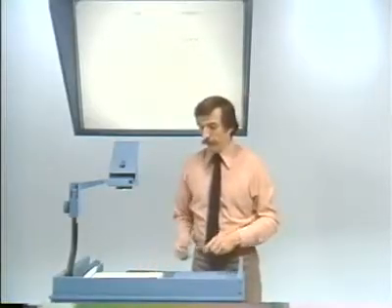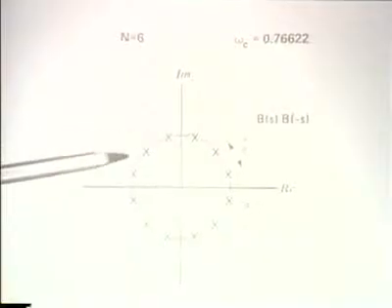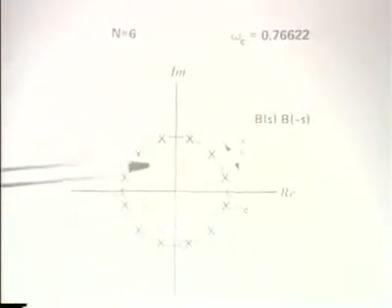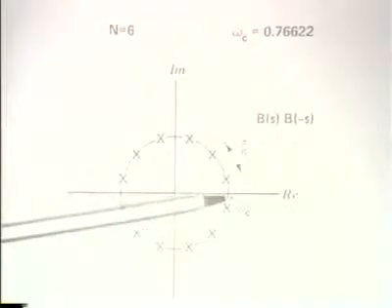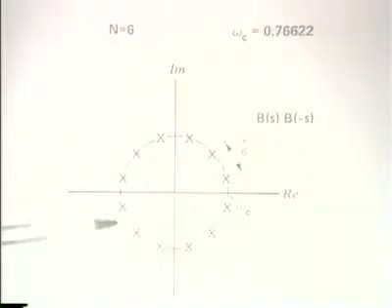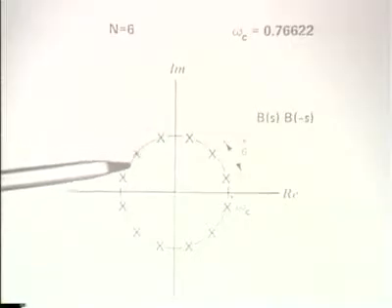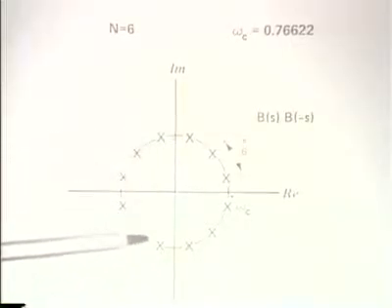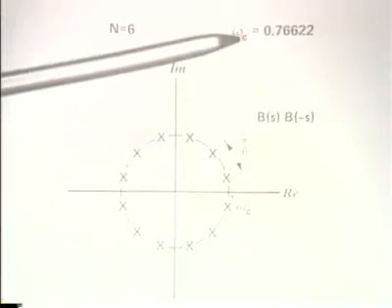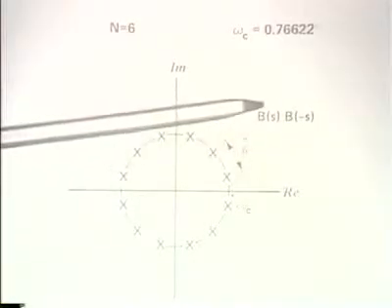And so now we want to complete the design procedure, and given the parameters of the Butterworth filter, we can draw our appropriate circle in the S-plane, which happens to be the same circle as before but with a different radius, and then associate poles on this circle with B of S and B of minus S. In particular, take the ones in the left half of the S-plane, same ones we had before, except we have a different value for omega sub c, and those then represent B of S.